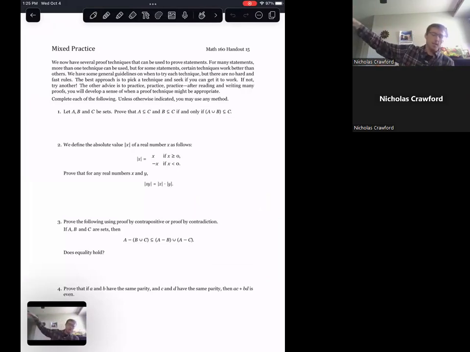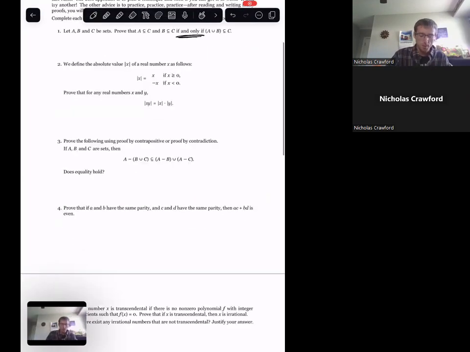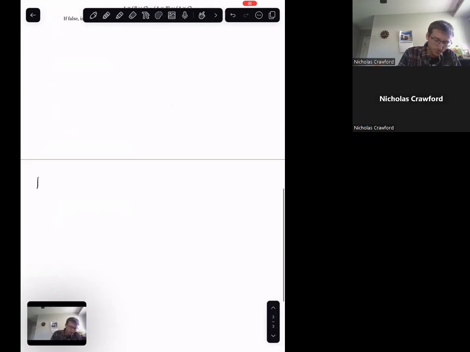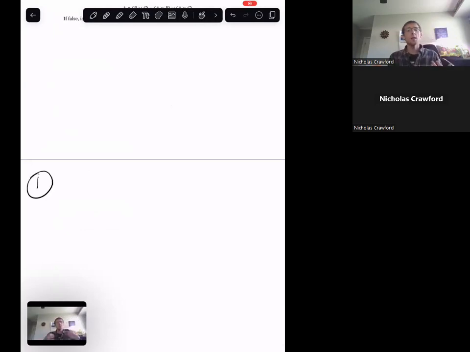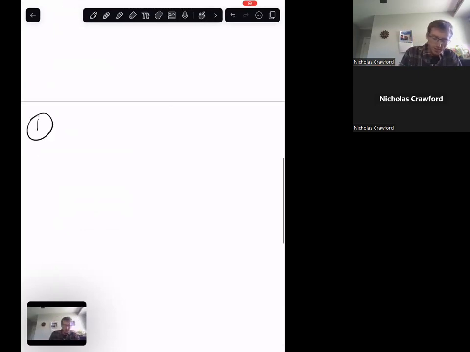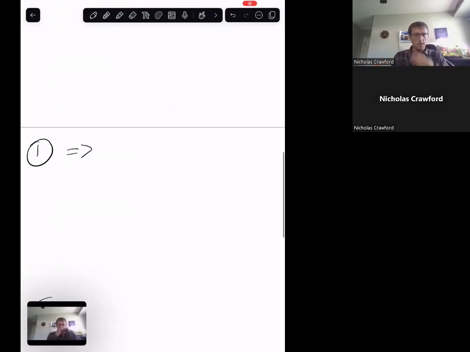For number 1, it's an if and only if proof, which means we need both directions. So I'm going to set it up this way: here's the forwards direction, and here's the backwards direction.